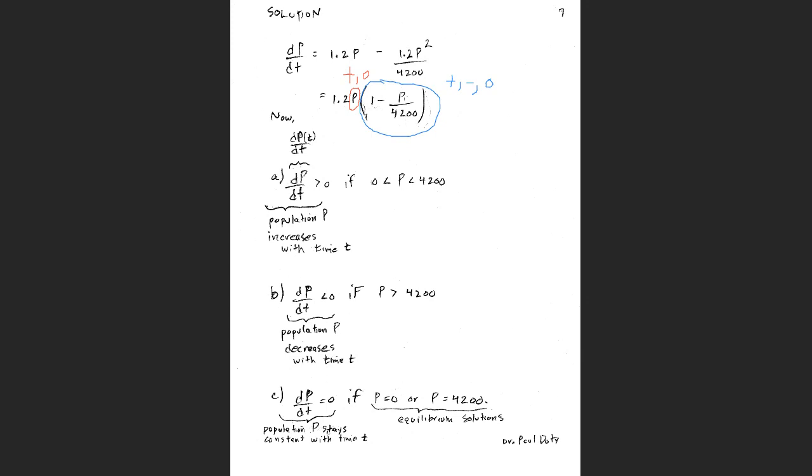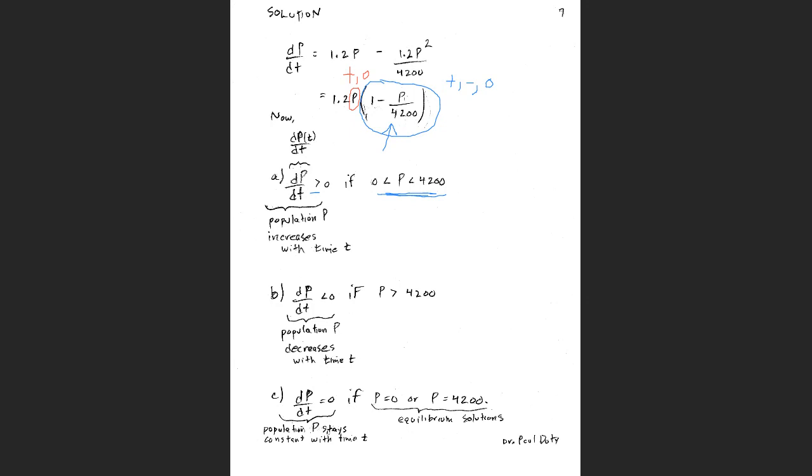So, given that, let's see what happens. dp/dt will be greater than 0 when p is between 0 and 4,200. Of course, the first factor, p, would be positive if p is between 0 and 4,200.